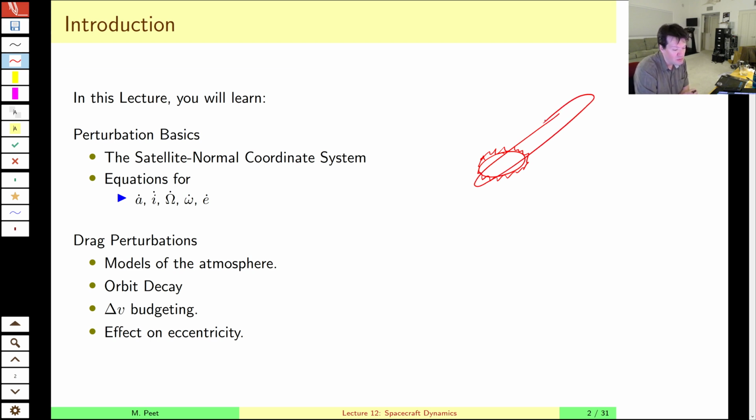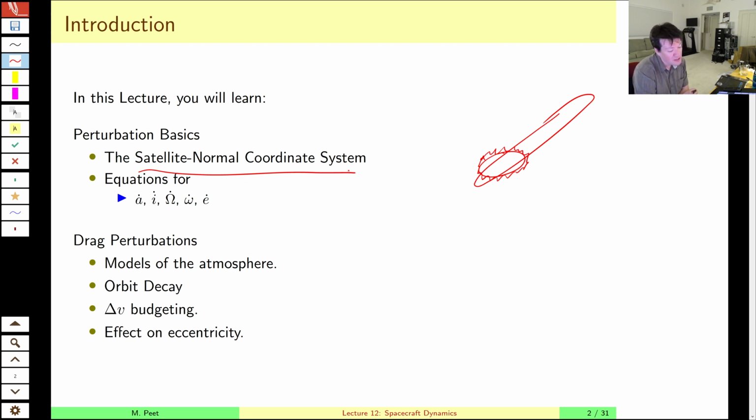And we're going to break down these perturbations into forces, right? The coordinate system that the forces are most naturally expressed in is the satellite normal coordinate system, which we introduced, but we introduced a lot of coordinate systems back in lecture 7. So we'll remind you what that is.